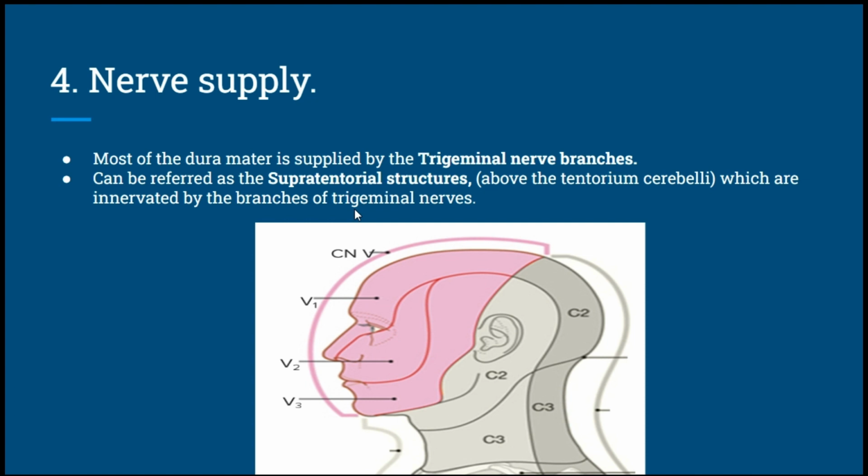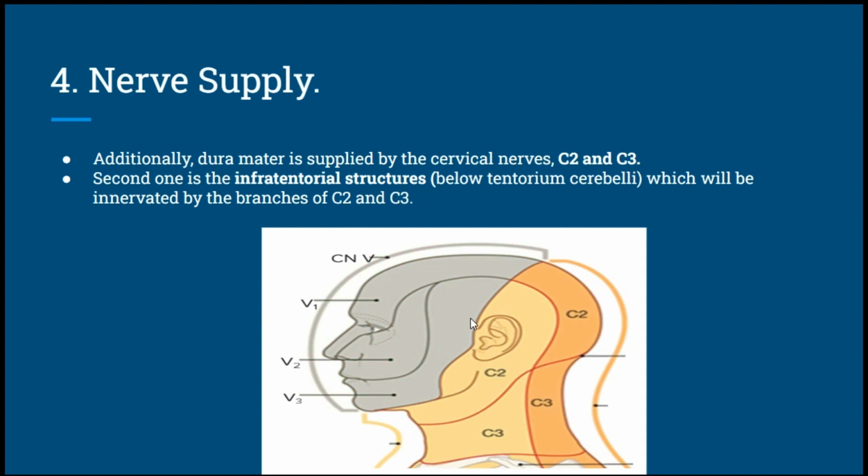Any structure above it is called supratentorial structures, and those structures are going to be supplied or innervated by the branches of the trigeminal nerve. As you know, the trigeminal nerve is cranial nerve number 5 that you see here, and below it are the infratentorial structures. Those are going to be supplied by the cervical spinal nerves C2 and C3. These are the dermatomes that you see.